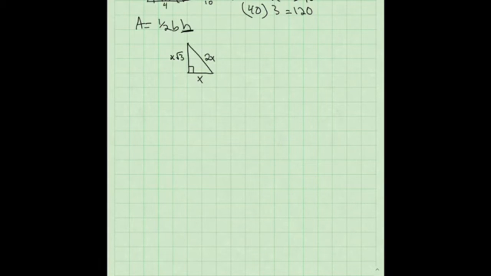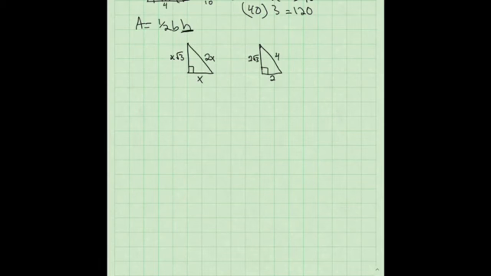Now if we apply it to this triangle in our problem, since it's split down the middle, this becomes 2. We don't need to worry about this because we're just trying to find the height, so 2 root 3 would be the height, and the base is 4, which makes sense because it's the same as that value right there.